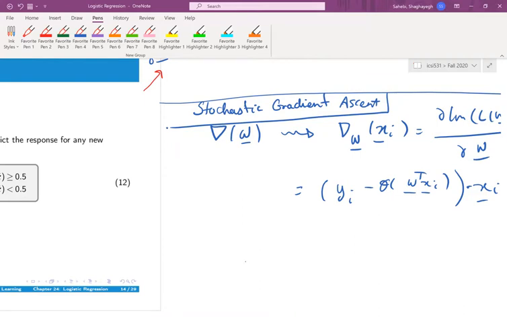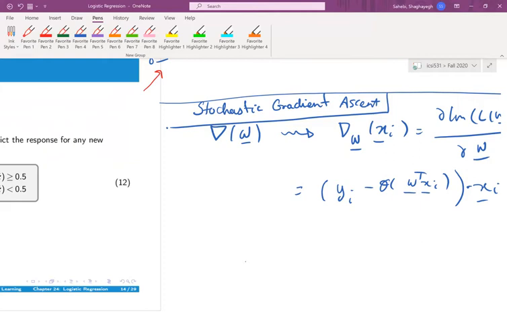But also in practice, it is going to be way faster than the batch gradient descent. Although it temporarily may move in the wrong direction because we are calculating the derivative with respect to one data point instead of the whole data set, eventually it's going to get faster.